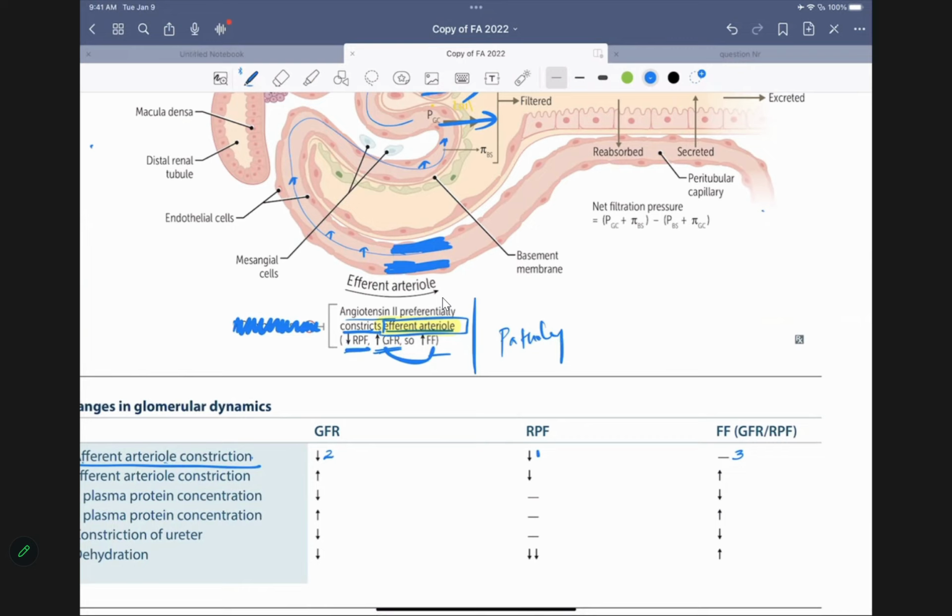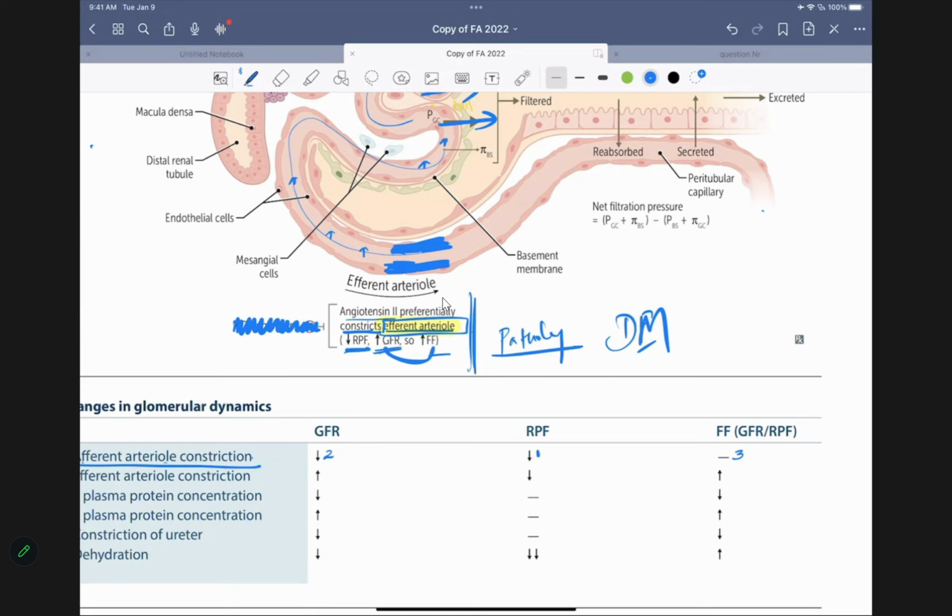Renin we secrete in the human body when the blood pressure is low. Once your blood pressure is back to normal, then we don't secrete, then this effect is done. So you should know efferent arteriolar constriction happens only when you need it. It is not a continuous effect. When you have a continuous effect of this, it is pathology. A good example I want to talk about is diabetes, not insipidus, diabetes mellitus. Diabetes mellitus gives you a continuous effect of efferent arteriolar constriction.